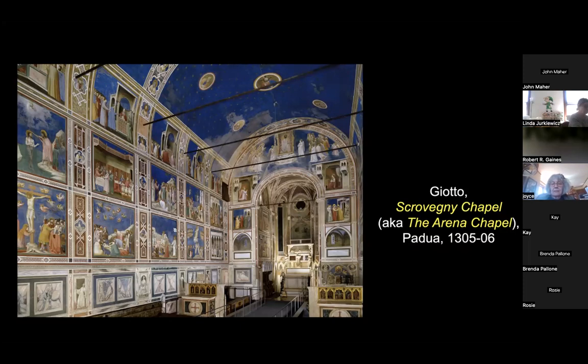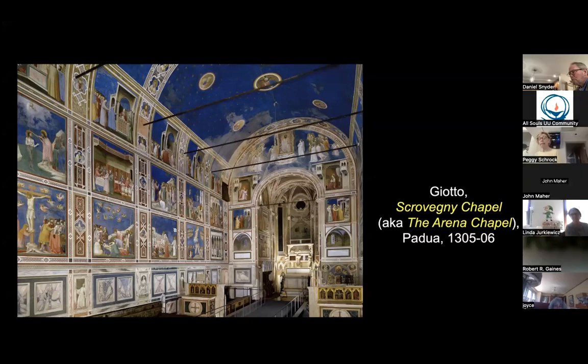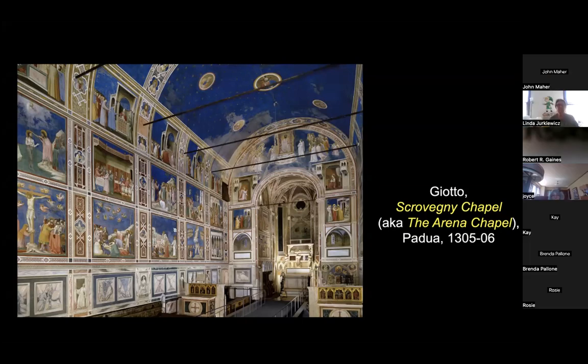It was called the Arena Chapel, and we still call it that. The name has just stuck, even though the Roman arena is gone. This will always be known as the Arena Chapel. Most people don't even know the name of the Scrovegni family that actually commissioned it. And he got the commission to do the entire interior, which is extremely rare.